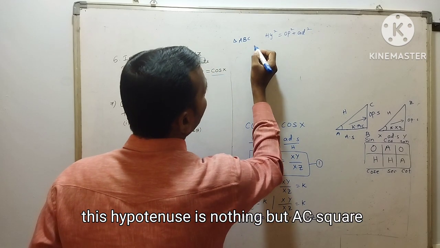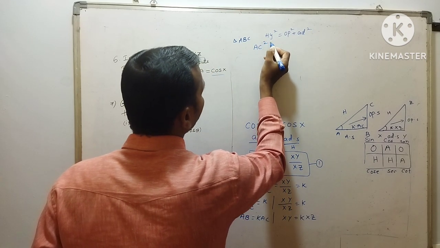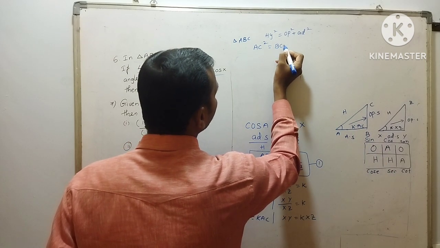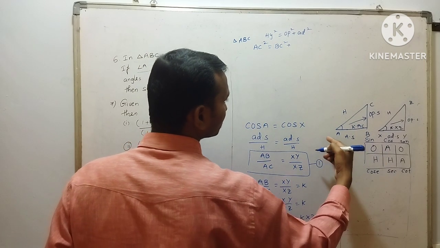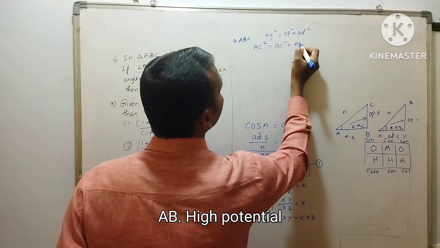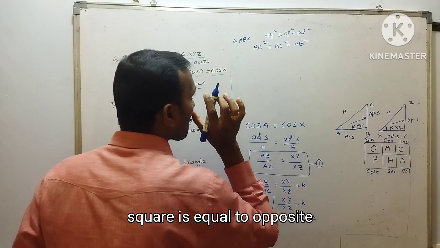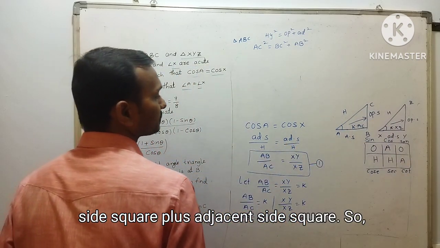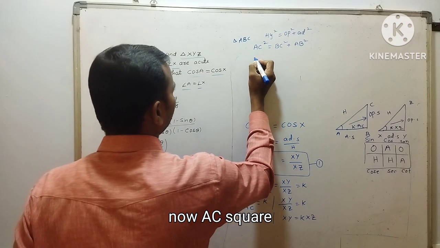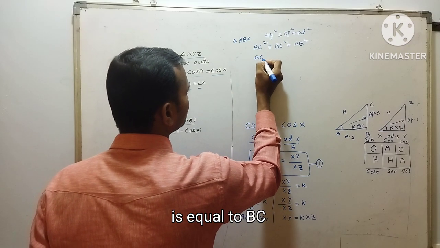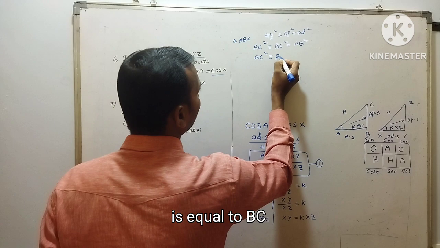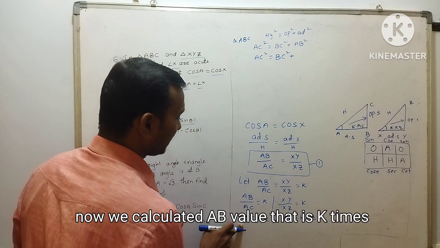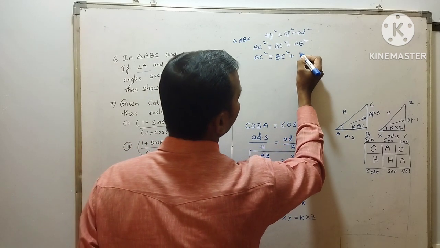In this, hypotenuse is nothing but AC square, that is equal to opposite, which is BC, and adjacent, which is AB. So AC square is equal to BC square plus, just now we calculated the AB value, that is K times AC.